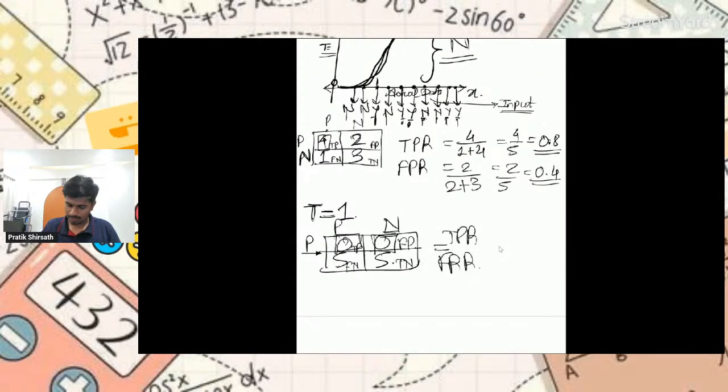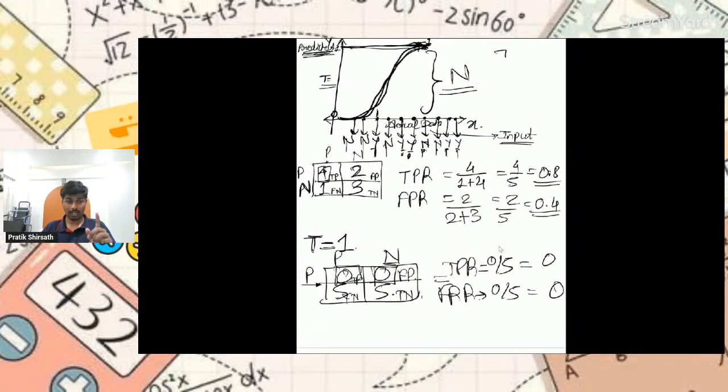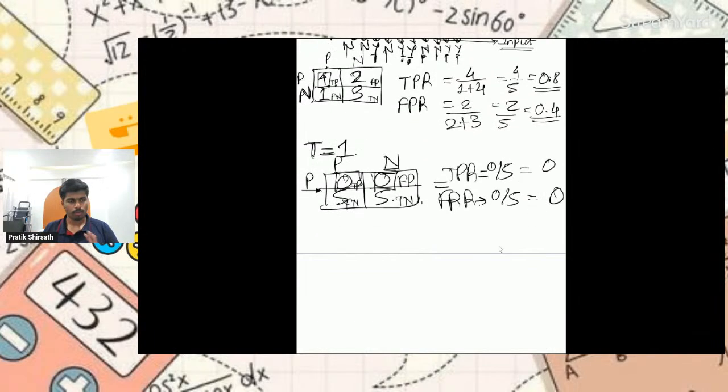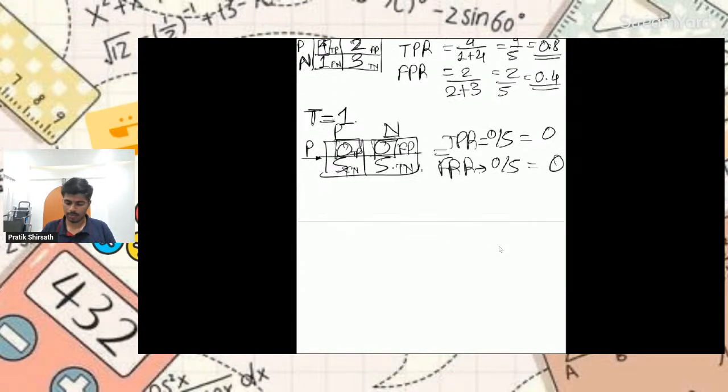And these are the same two things which I have done earlier, so not to talk upon that much more. So this will get 0 by 5 and this is 0 by 5. This will be my 0 and this will be my 0. So it is important to understand, for threshold equal to 1, TPR and FPR will be 0.